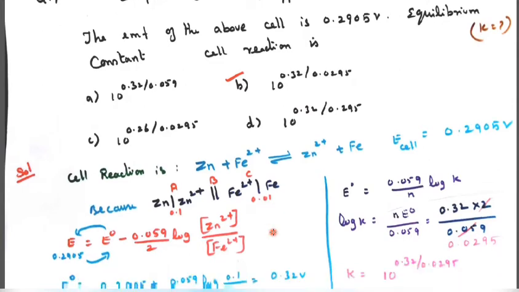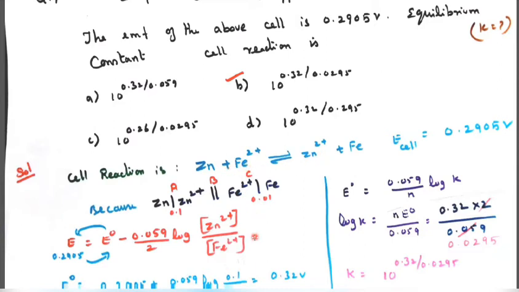So we know the Nernst equation: E cell is equal to E naught cell minus 0.0591 by n log K. N is the number of electrons involved, which is 2. Log K is product divided by reactant. Here the product is Zn2+ and the reactant is Fe2+.